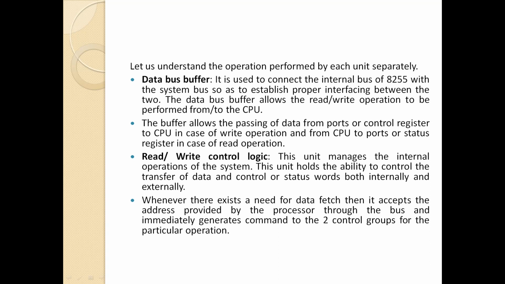The buffer allows the passing of data from ports or control register to the CPU in case of a write operation, and from the CPU to ports or status register in case of a read operation.